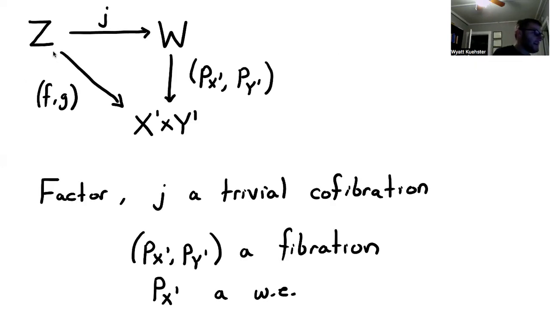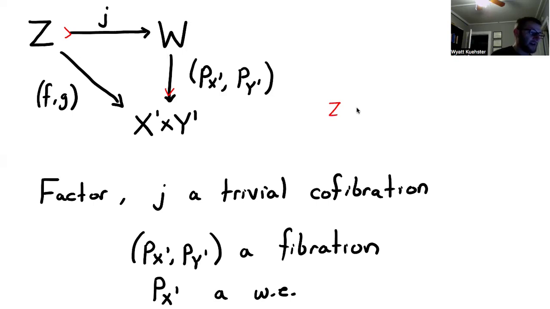So then I have this map (f, g), and I can factor it, because I can factor any map into a fibration and a trivial cofibration. So j is a trivial cofibration, and (p_X prime, p_Y prime) will be my fibration.